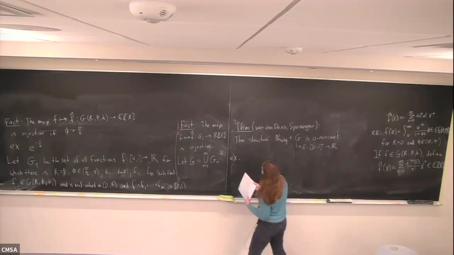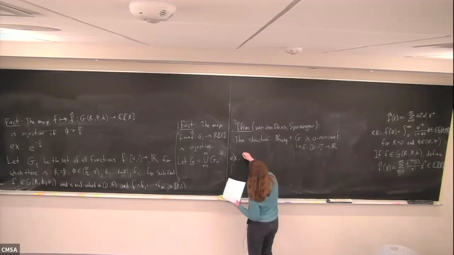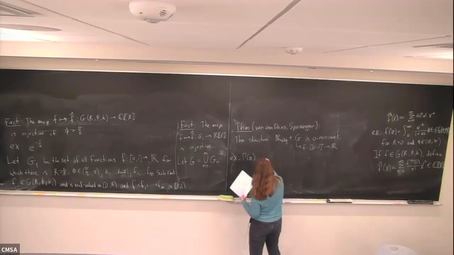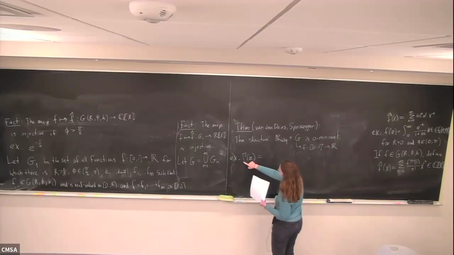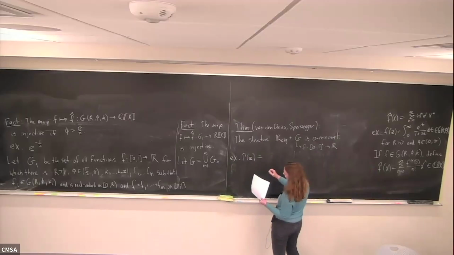The example that drew me to this structure is a function that is involved in the asymptotic expansion of the gamma function.